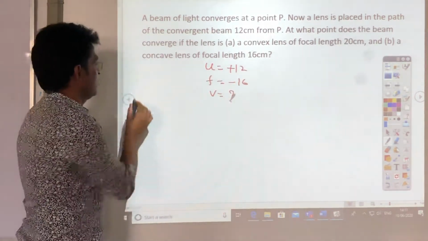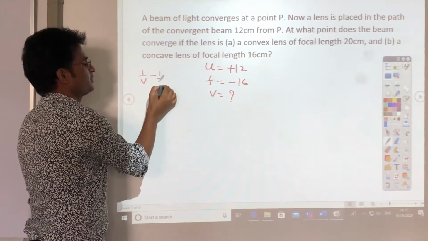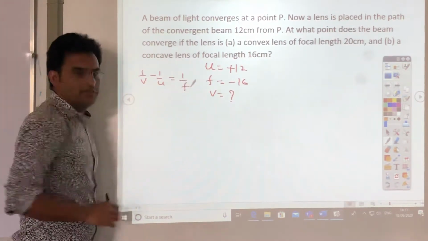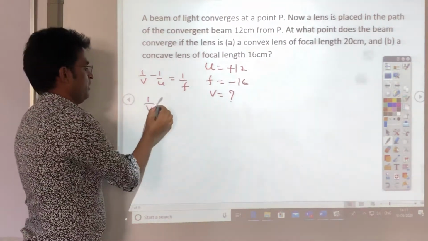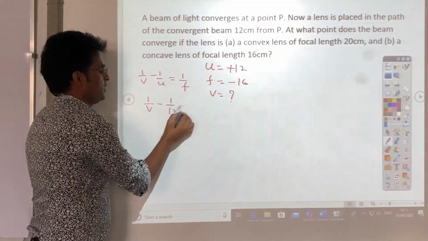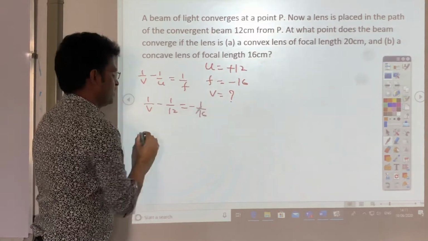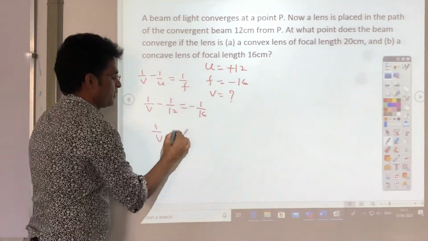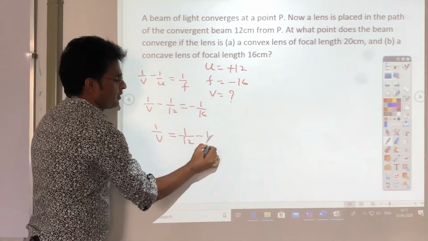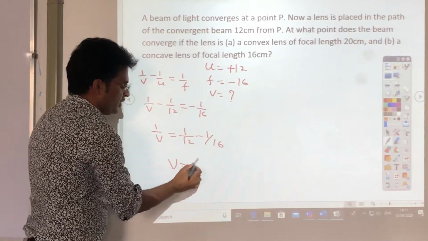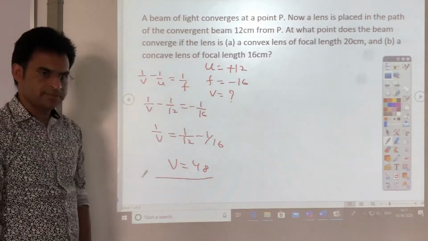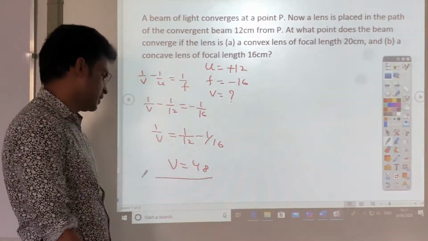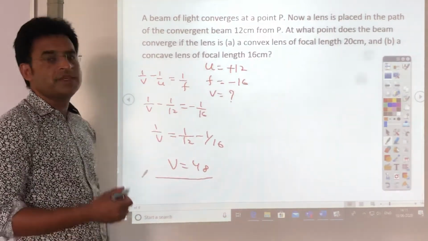Using 1 by V minus 1 by U is equal to 1 by F, 1 by V minus 1 by 12 is equal to minus 1 by 16. So 1 by V is equal to 1 by 12 minus 1 by 16. If we solve for V, you will get 48.